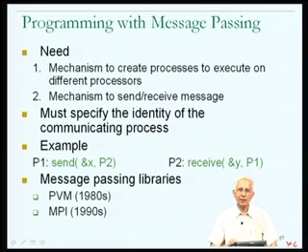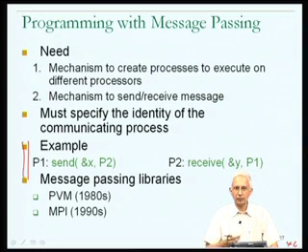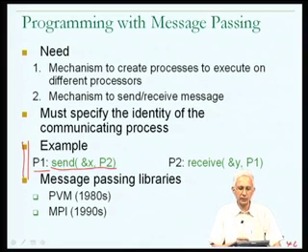Now, in order to write parallel programs in which the individual processes communicate with each other through message passing, there must be support provided by the underlying operating system which runs on the individual processors of the parallel computer, and this must take the form of what I will call functions provided by the operating system for the explicit sending of data from one process to another, such as in this notation which I am using here.